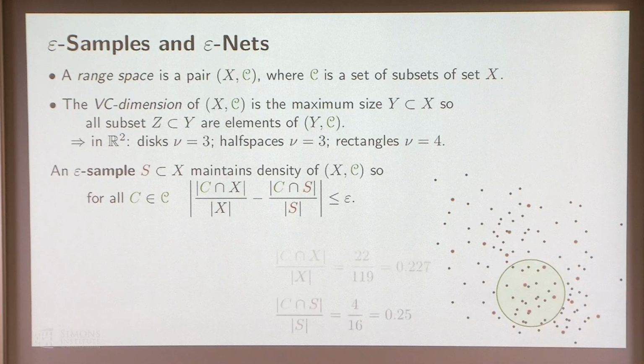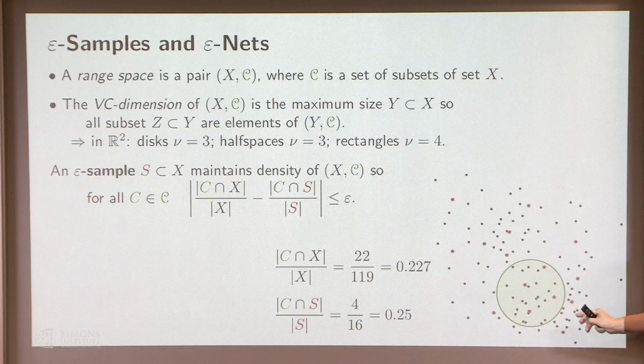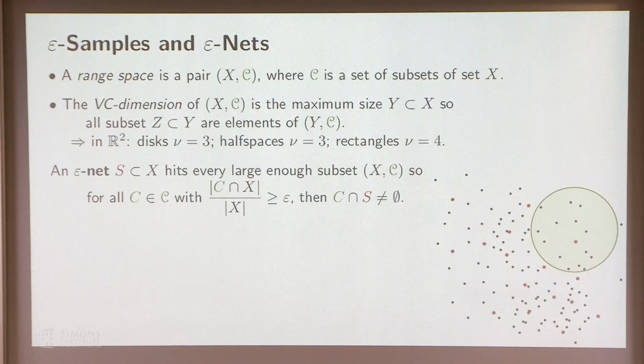So in this case, there are 22% of all points and 25% of the red points, and that difference is your epsilon, typically an additive error. There are somewhat relative versions, and those don't seem to make a difference in what we're doing. And there's also a concept called an epsilon net, which is just that for any large enough range that contains enough of the data points, you'll hit it with somewhere in your sample.